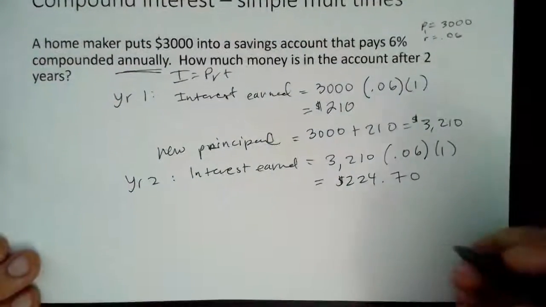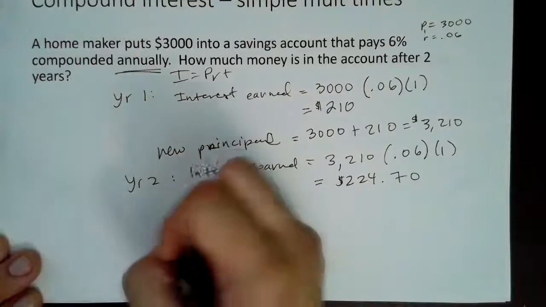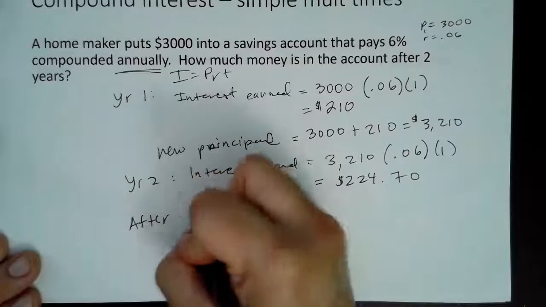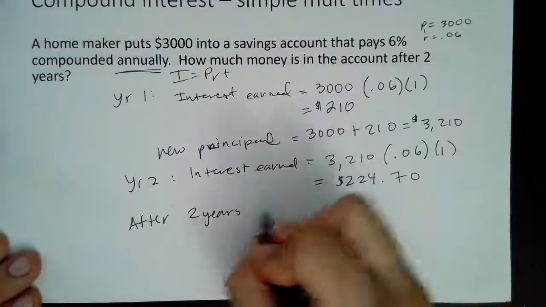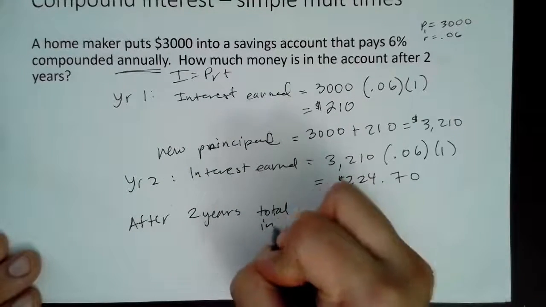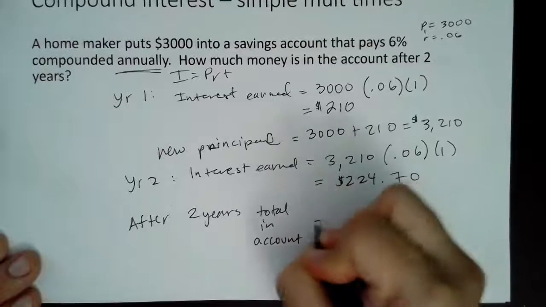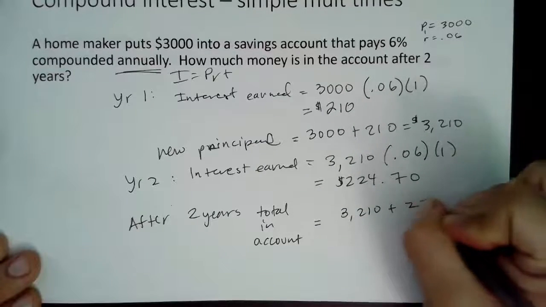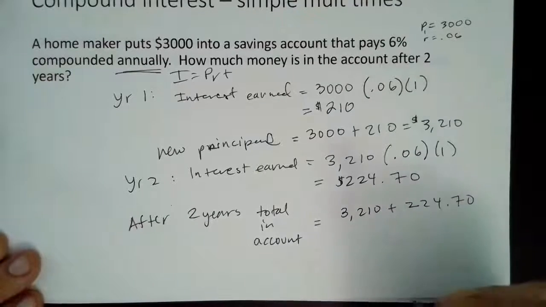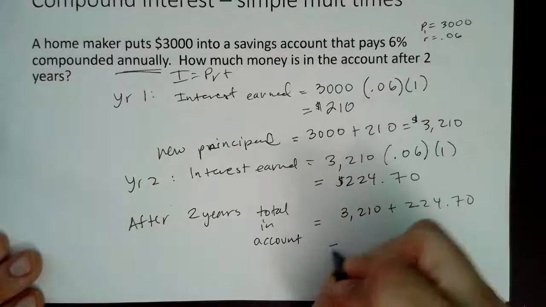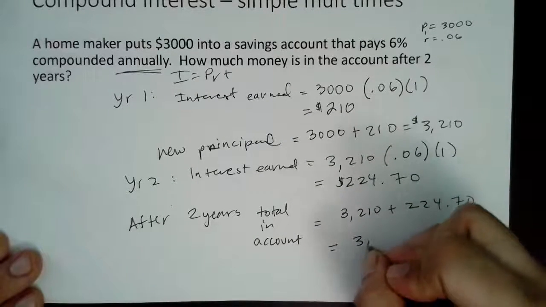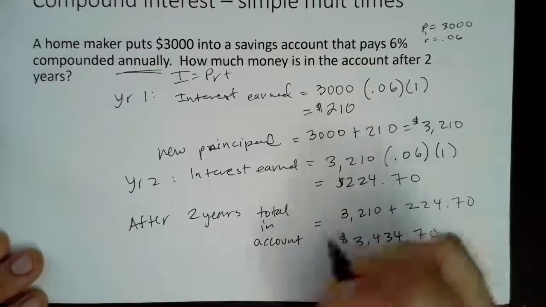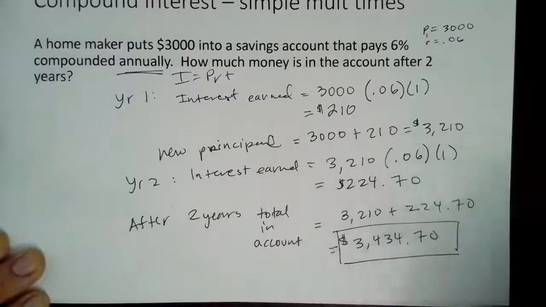So the total amount in her bank account after 2 years is going to be 3,210 plus 224.70, which equals $3,434.70. Okay, so that's that.